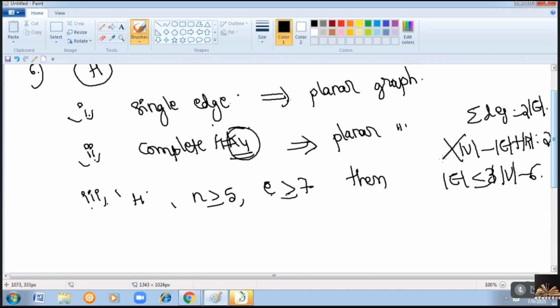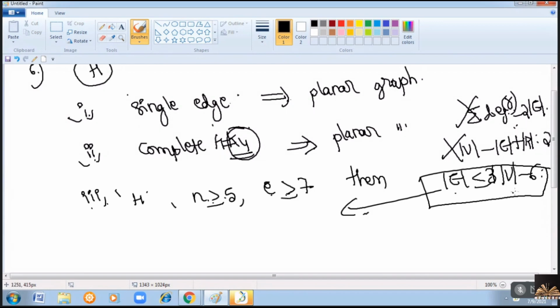Therefore, I cannot use the second formula. And you are not talking about the degree of a vertex, degree of a region. So you cannot use this first formula also. So to check the planarity of a graph, you can use only this third formula. So if the number of vertices are greater than or equal to 5 and the edges are greater than or equal to 7, then you check whether this formula is satisfied.